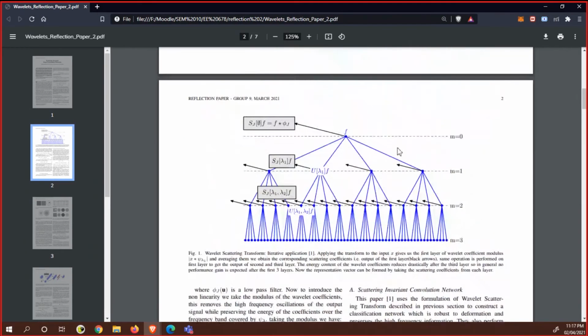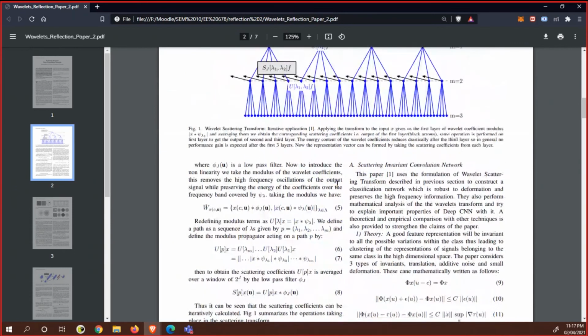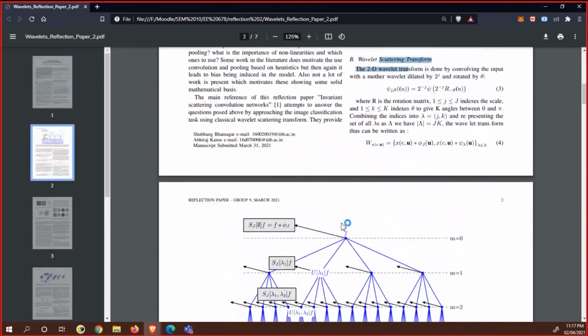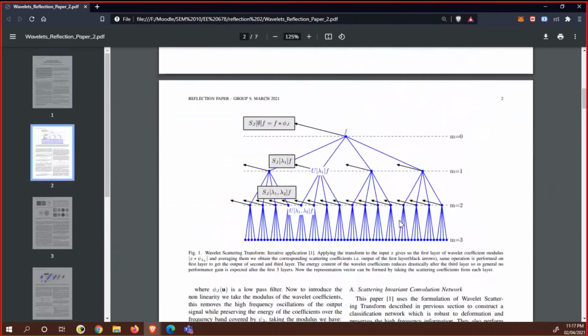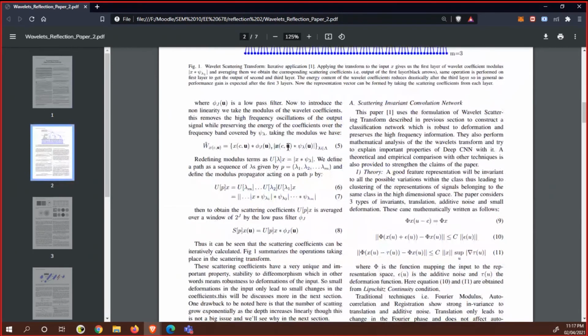After this, the wavelet scattering transform takes the modulus of the wavelet convolution with the input, and then we again perform a convolution with the wavelet on this modulus.